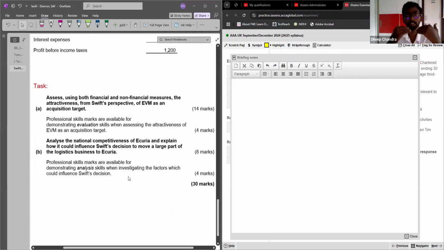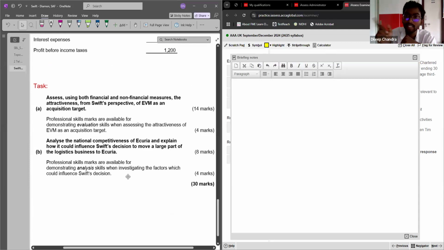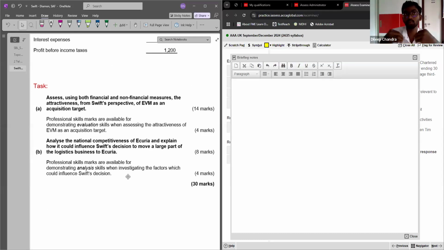Because looking at the requirement, we'll try to understand what the examiner is demanding and expecting from us. While reading the case study, it is then easy to point out those things and simultaneously frame the skeleton of my answer.